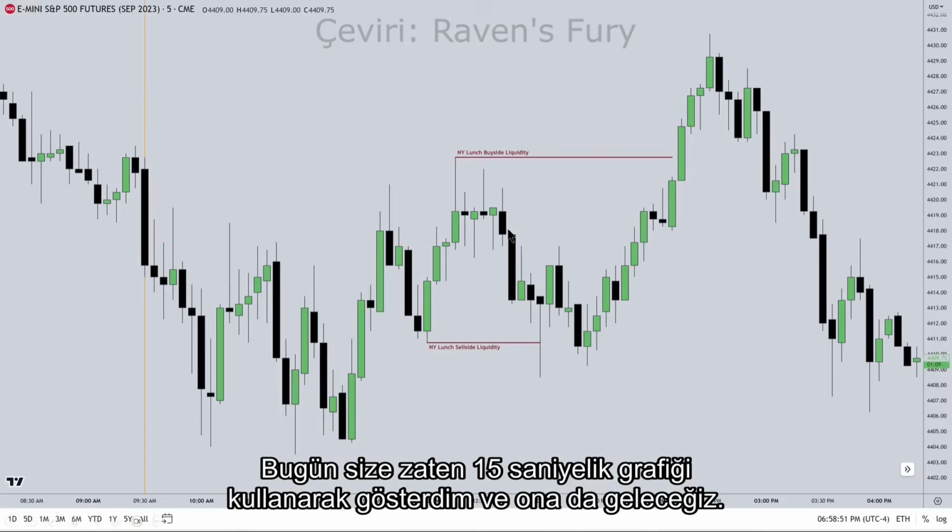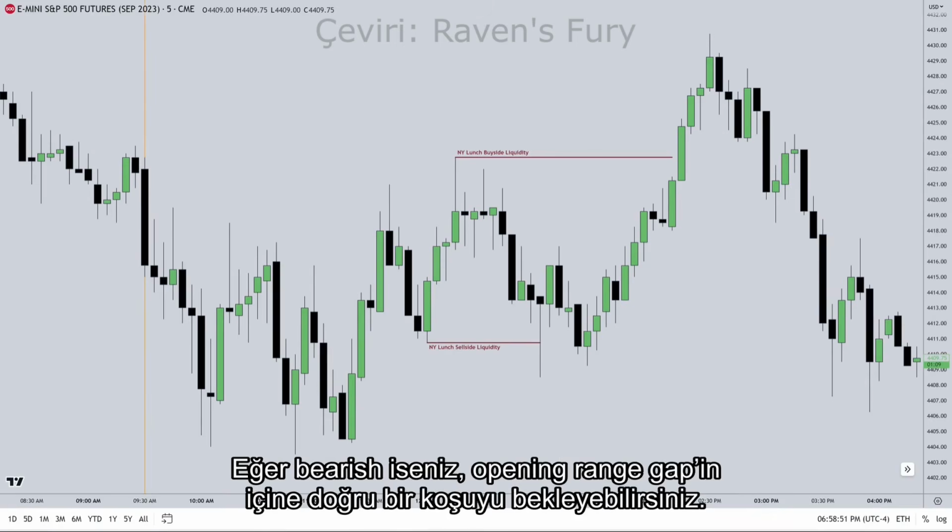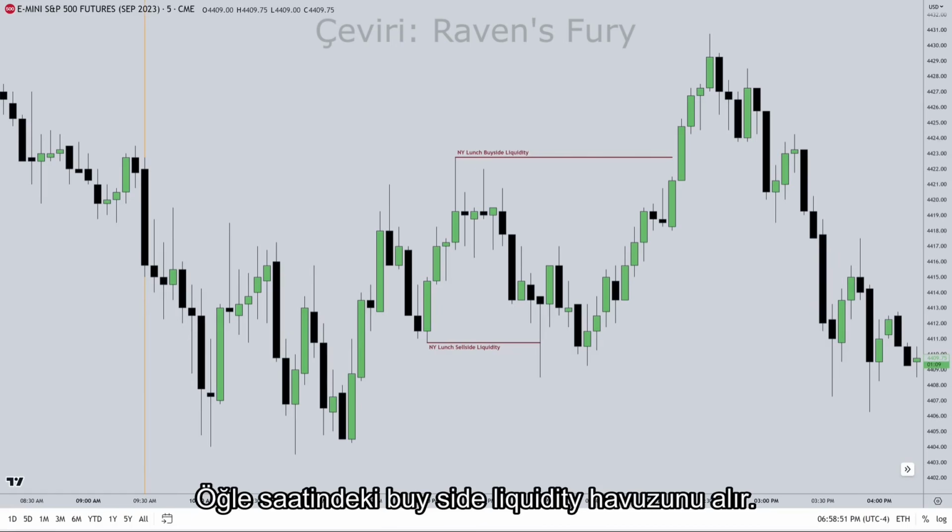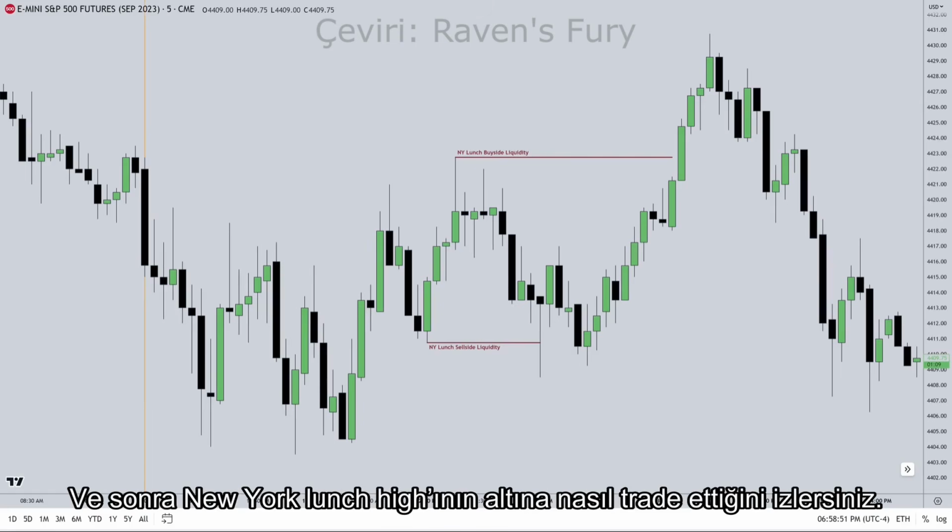Don't trust the 5-minute chart. I've already shown you today using a 15-second chart, and we'll get to that too. If you're bearish, you can wait for a run up into the opening range gap, take out a lunch buy-side liquidity pool, and then watch and see how it trades back below the New York lunch high.